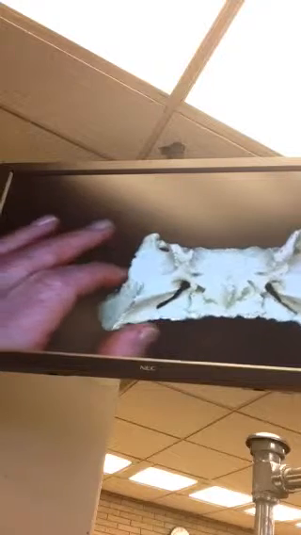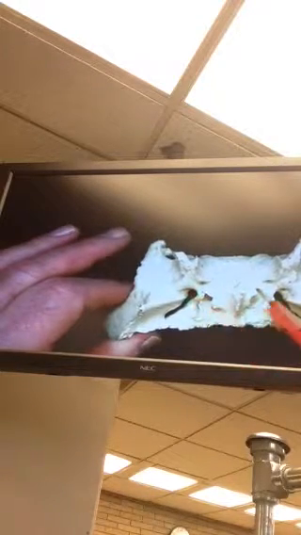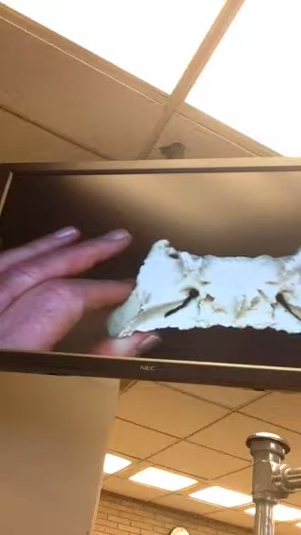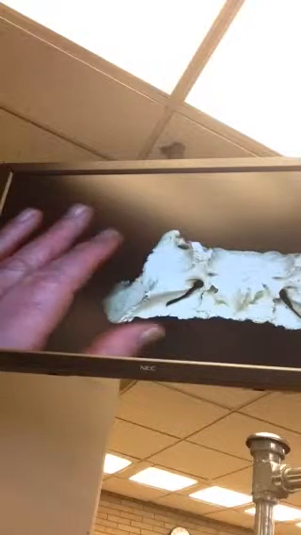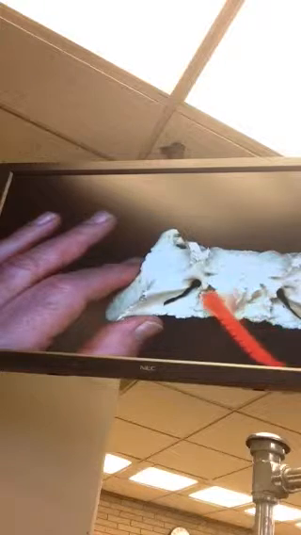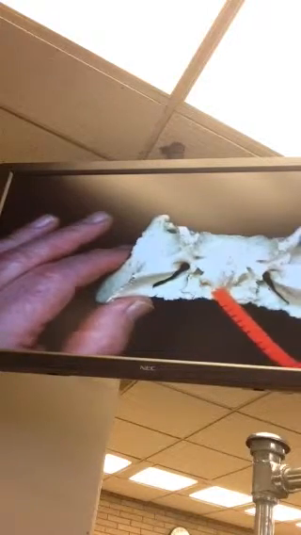On the inferior aspect of the sphenoid bone, here in the anterior aspect, there's a protrusion, which is going to articulate with the back of the ethmoid bone and the back of the vomer. This is called the rostrum, the nose of the sphenoid bone. Okay?